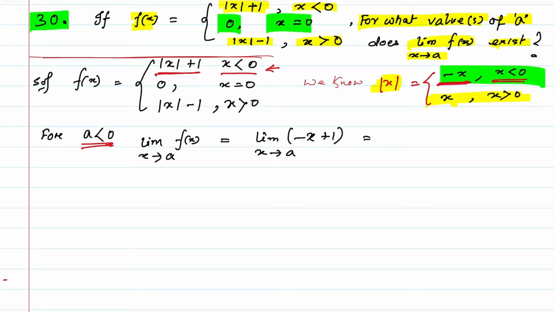Okay, then put x is equal to a, then it will be minus a plus 1. So here you see one more thing, we are calculating this for a less than 0.